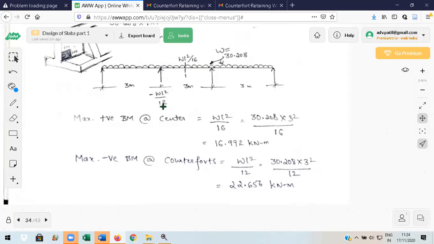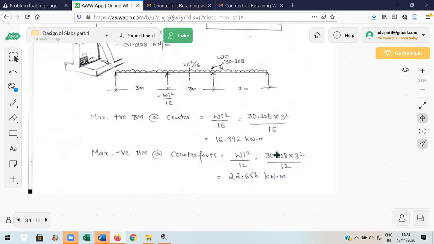It means the moment is always maximum at the supports. WL square by 12 is higher than WL square by 16. So when you want to calculate whether the sagging or hogging moment is more, here hogging is more than sagging, because W and L are the same in both cases. L is 3 meters, the center to center distance between the counterforts.